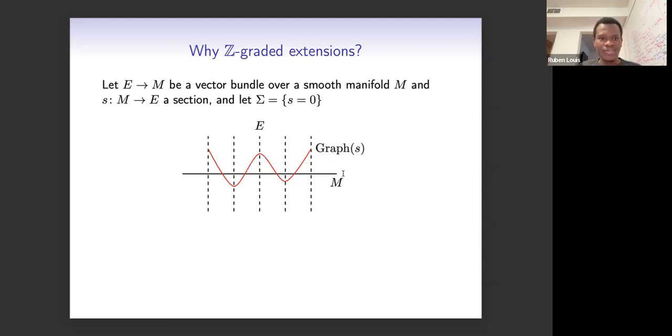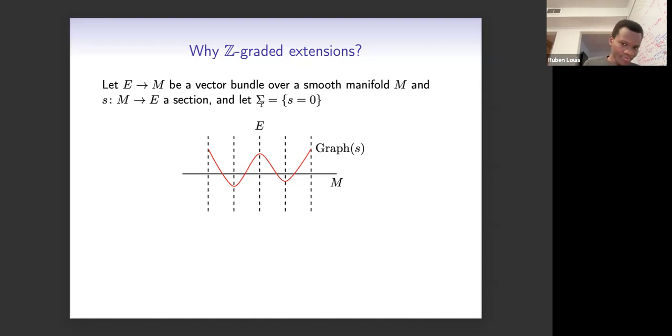Here's a very typical example where other kinds of Q-manifolds appear with negative degrees. Let E be a vector bundle on a manifold, and you take a section of that vector bundle, and then just look at the zero locus of that section. This locus is not smooth if zero is not a regular value.